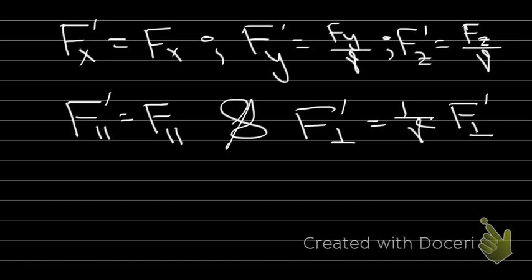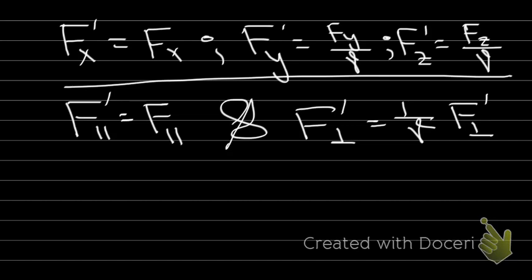So the component of f parallel to the motion of s prime is unchanged, whereas the perpendicular components are affected by a factor of gamma. We can see this from these expressions over here.